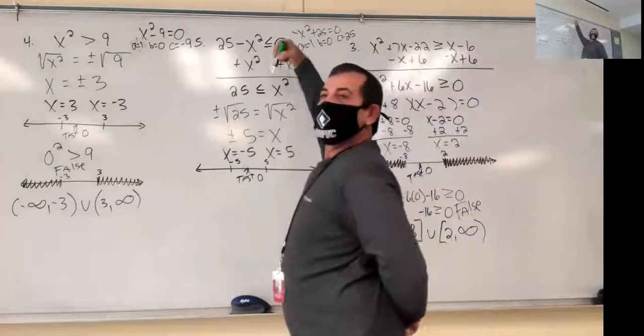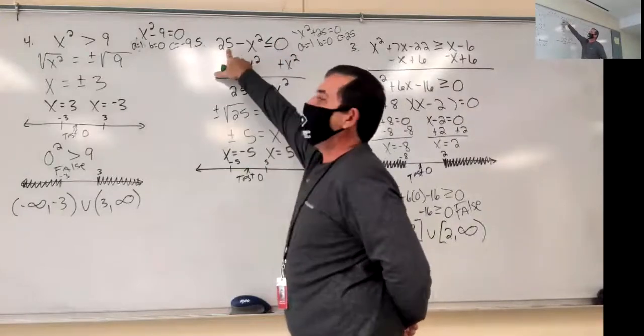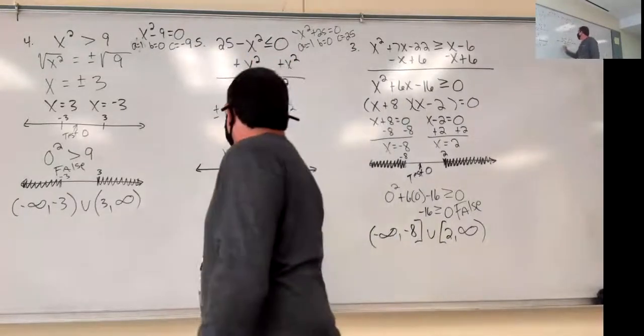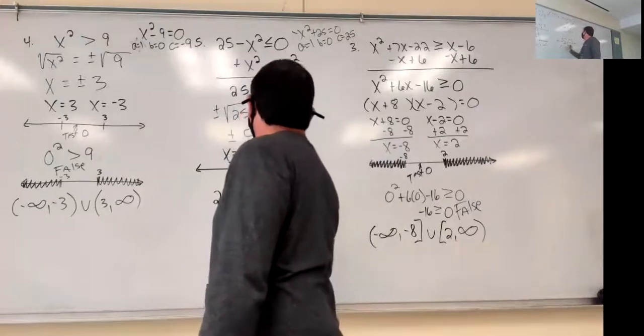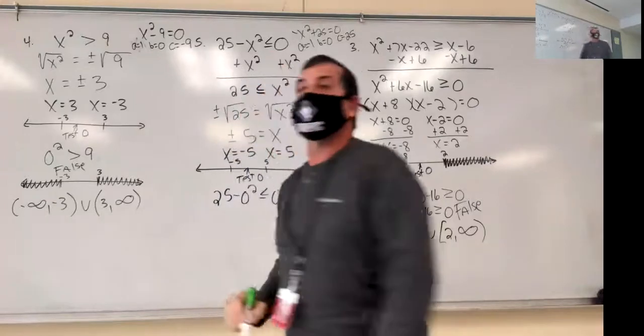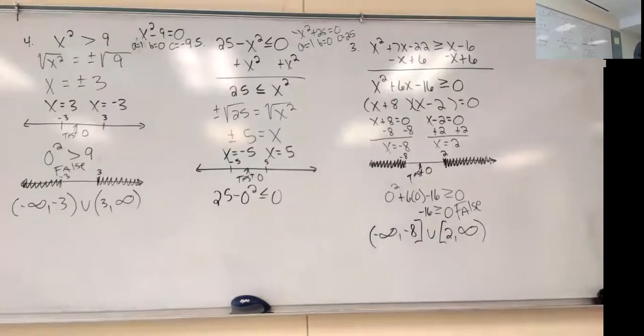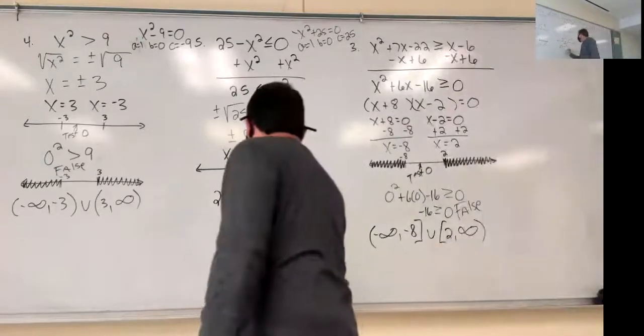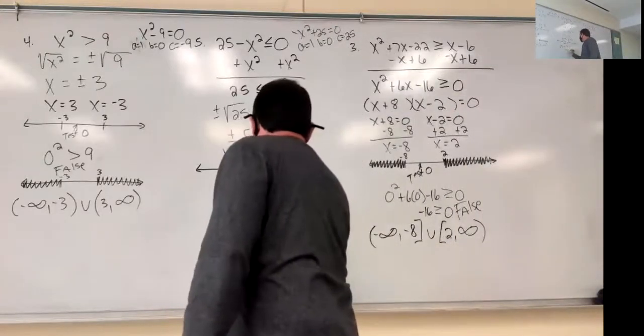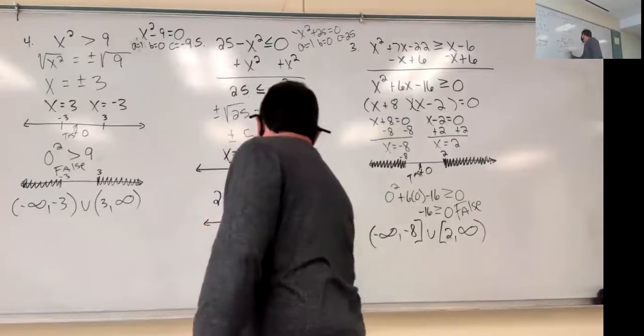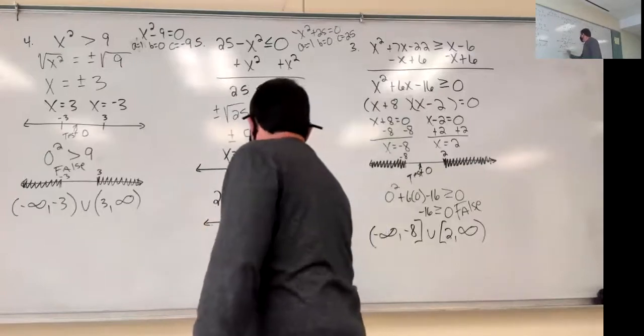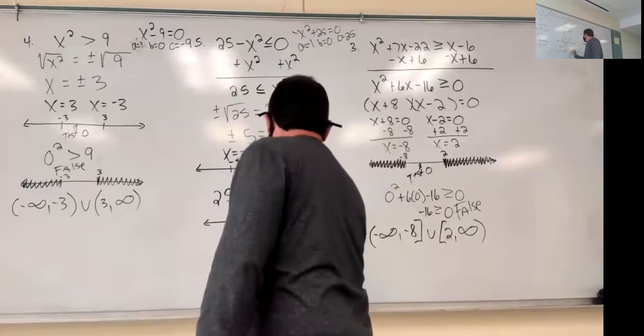I can use any equation up here. So 25 minus x squared would be 25 minus 0 squared less than or equal to 0. True or false? False. All right, so that was a -5 and a 5.